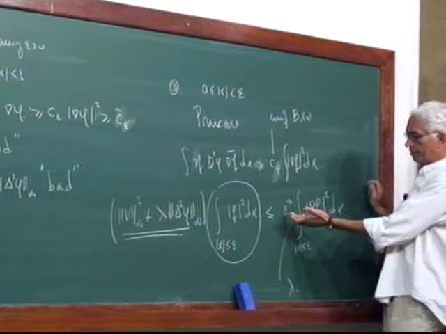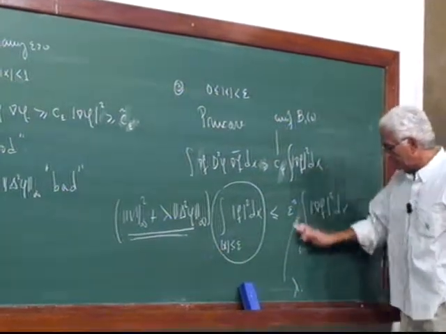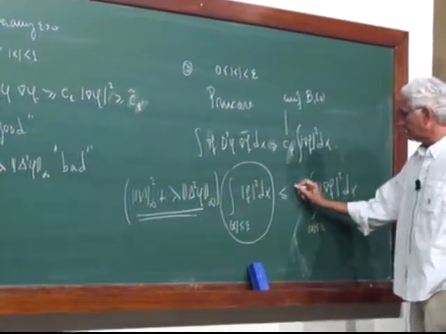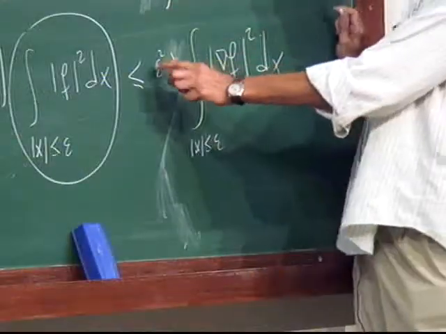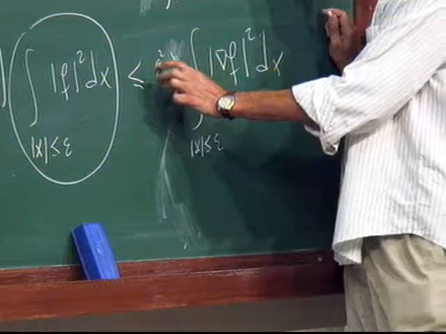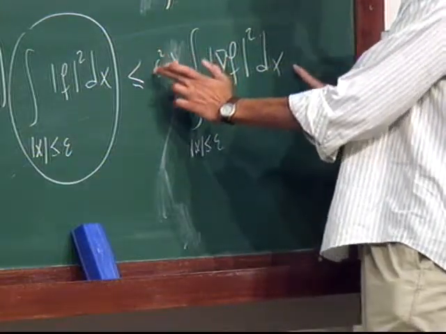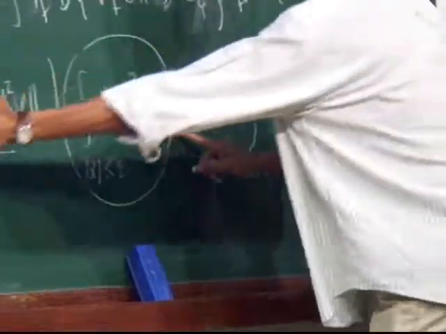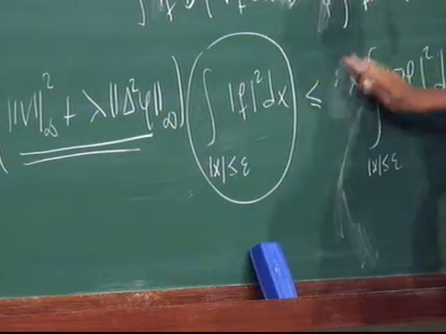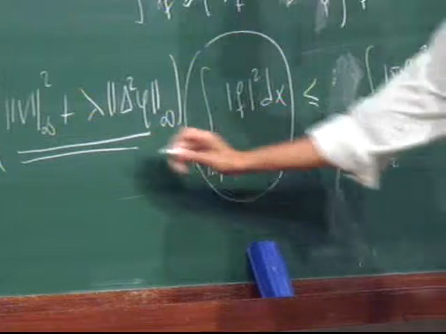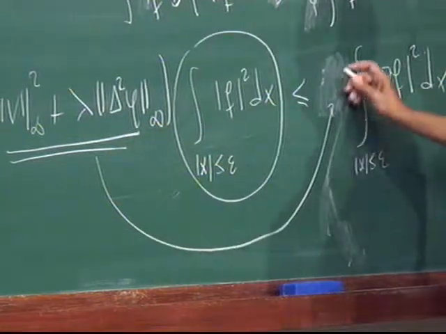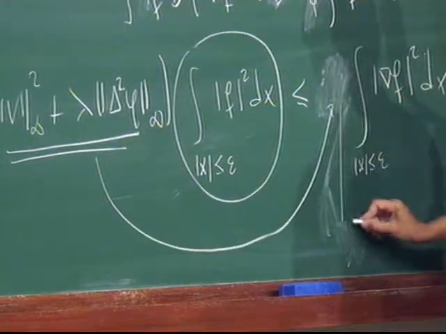Then how do you finish the argument? Well, I fix epsilon sufficiently small such that this is true. I fix epsilon sufficiently small so that this part is less. Now I multiply by epsilon here. This is less than this one multiplied by epsilon. Then there is an epsilon in front here.